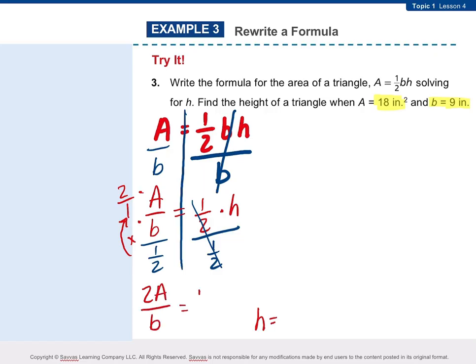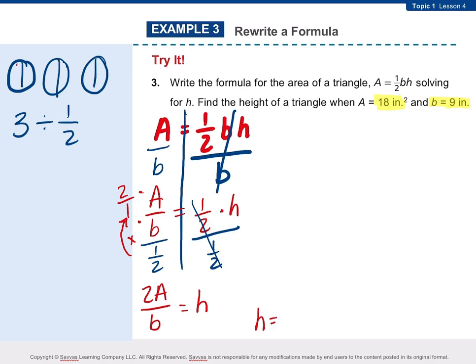So why do I do that? Imagine if I had like 3 divided by 1/2. How many times does 1/2 go into 3, right? Well, I could split 3 up into 6 halves, right? So that would be the same as if I did 3 times 2/1. 2 over 1 is the same as 2, right? 3 times 2 is 6.